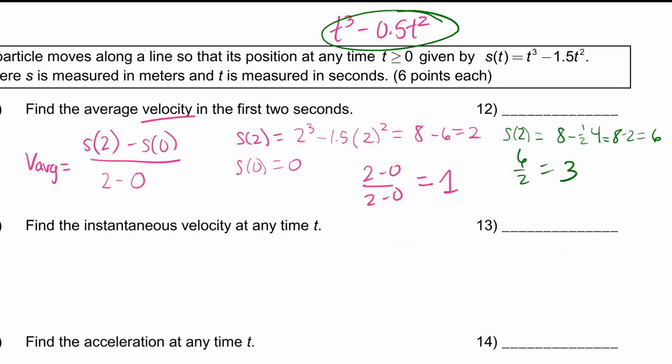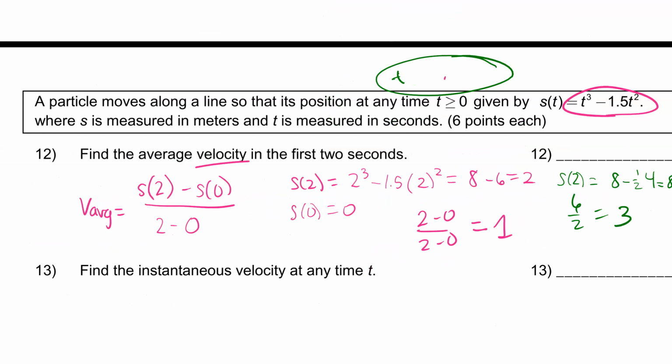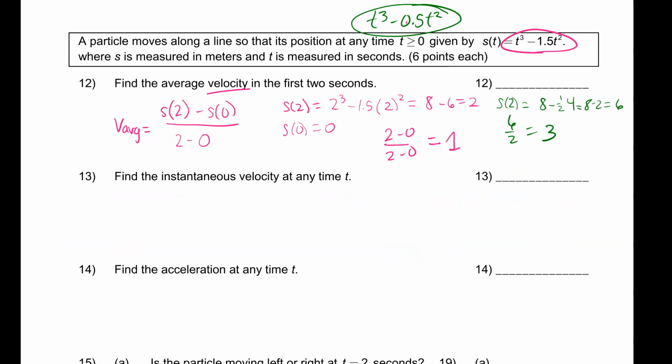Find the instantaneous velocity at time t. I'll use pink for this version and green for the other one. Let me rewrite this in green so you can see the difference: t cubed minus 0.5t squared. The derivative is going to be 3t squared minus 3t.